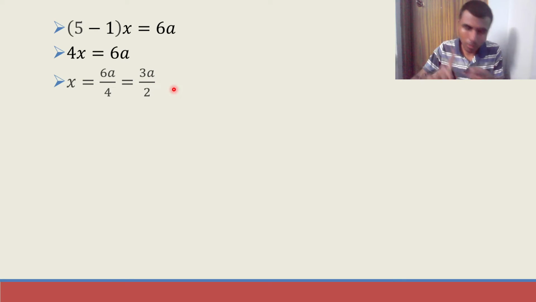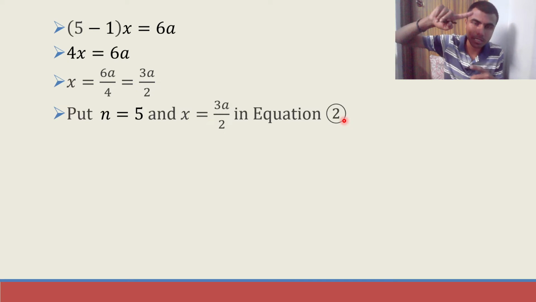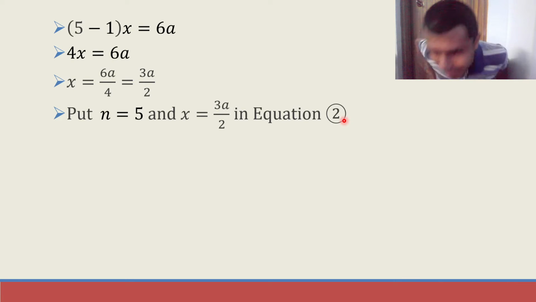So we found n, and I got x in terms of a. Now put n equal to 5 and x equal to 3a by 2 in equation 2. Equation 2, you remember, we marked at the beginning of the video.